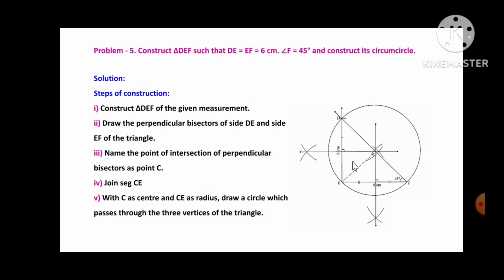Here the perpendicular bisectors of DE and EF meet at point C. Join CE. Considering C as center and CE as radius, draw a circle which will pass through the three vertices of the given triangle, indicating that it is the circumcircle of the given triangle.